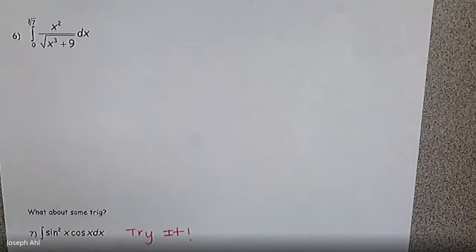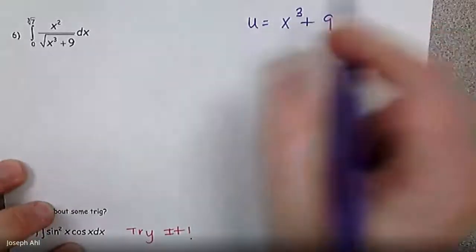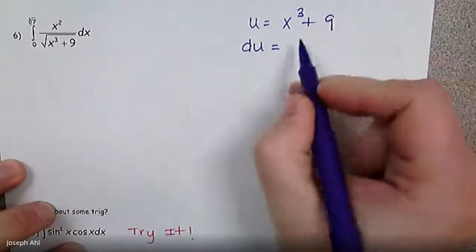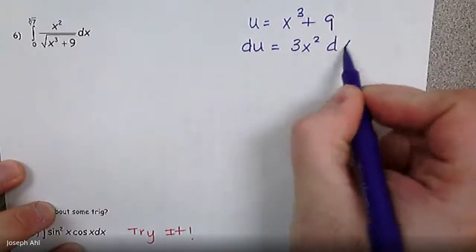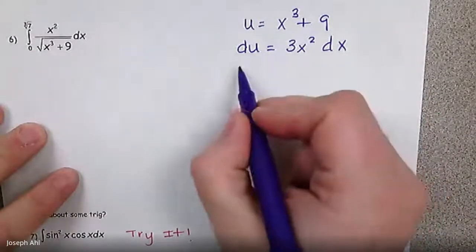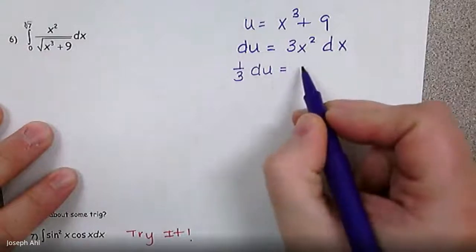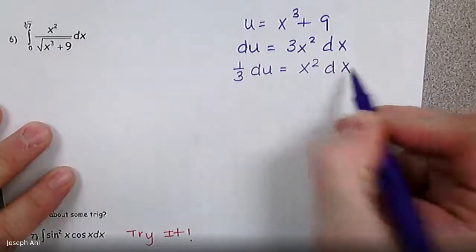Similar to what we saw in the other example with the radical, if you let u just equal the quantity underneath the radical, x cubed plus 9, then du becomes 3x squared dx, which is pretty close to what we have. We have x squared dx, so to make that happen, we need to multiply du by 1/3. So 1/3 du would be x squared dx.